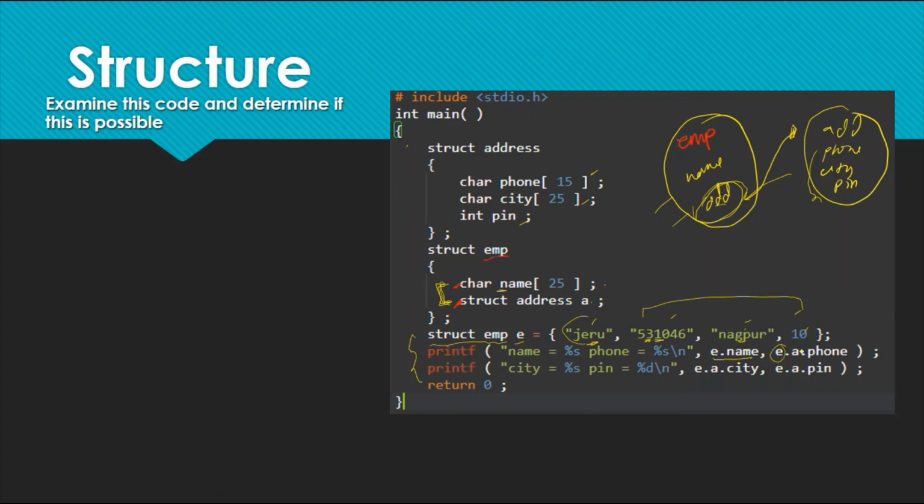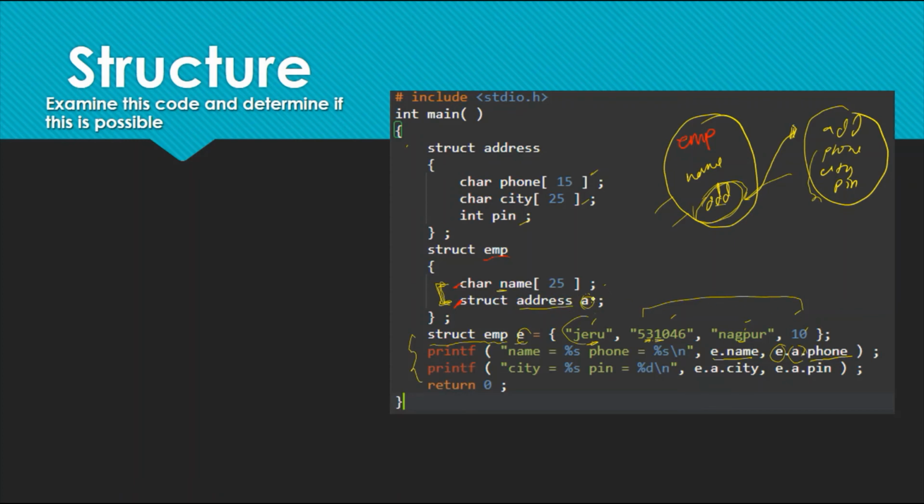This e is a structure. Inside e is another structure, and inside that structure is where our data belongs. So first we have e, which is an employee structure. That a, which is the variable of the structure address.